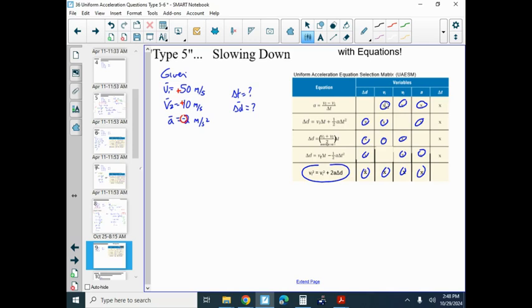So fancy equation kicking in. There's some extra power built into that equation. That's why it comes up in these cases. So V final, or V2, I had it listed as V2 there, so I'll stick with that.